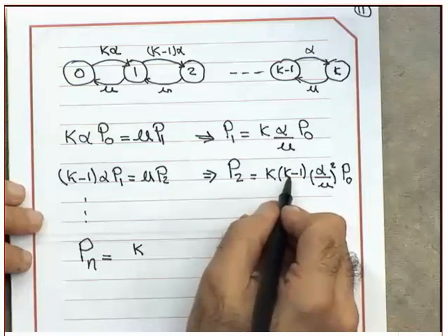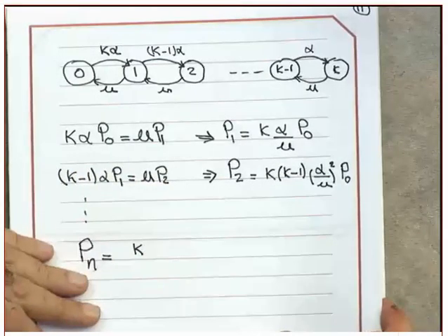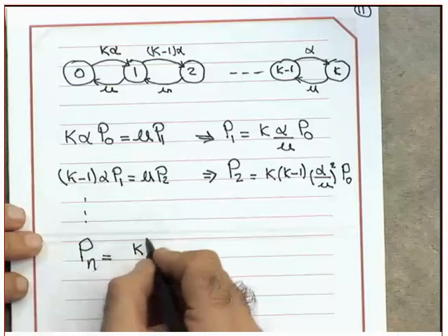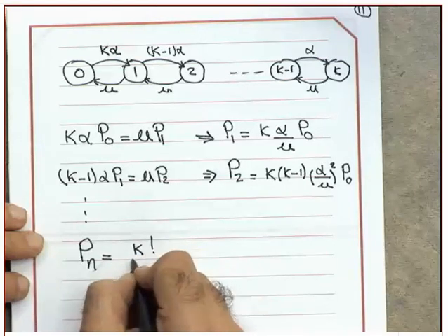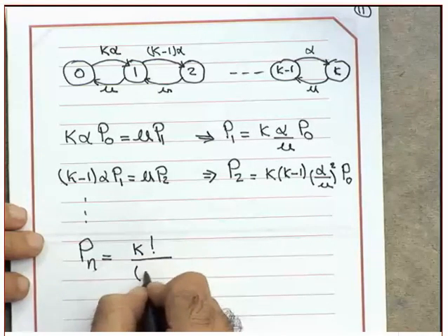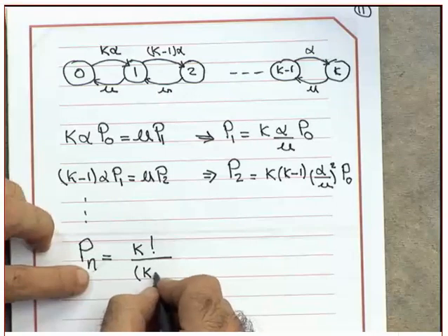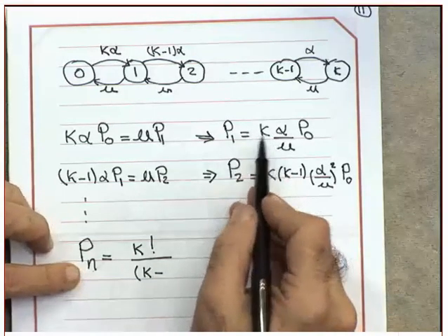Yes? Which means what? See, what is this? See, this one is the probability of N. So what is it? No, K minus what? No, one second.